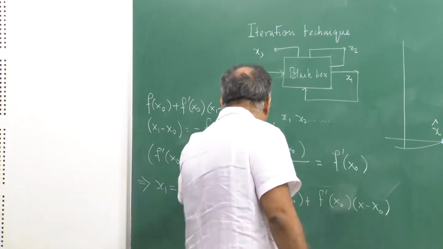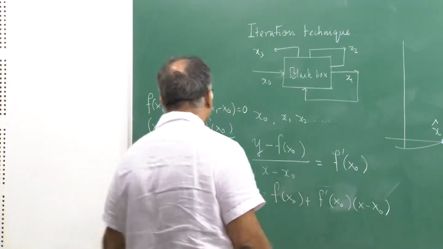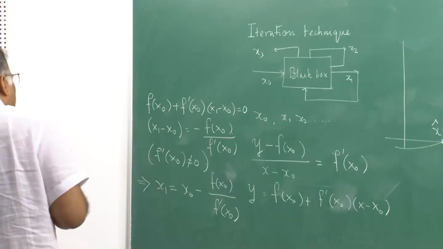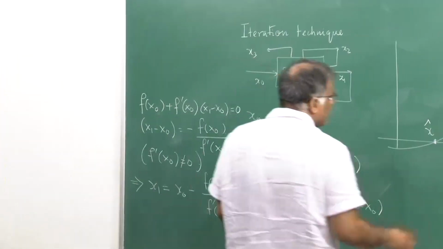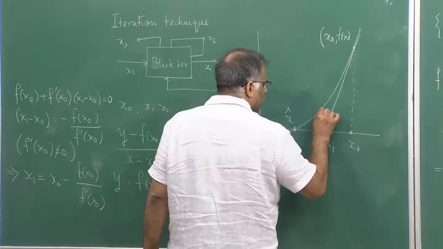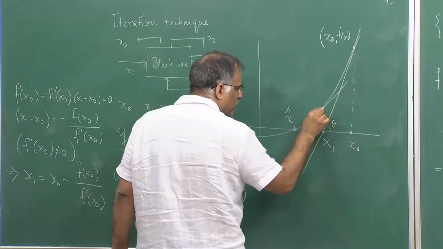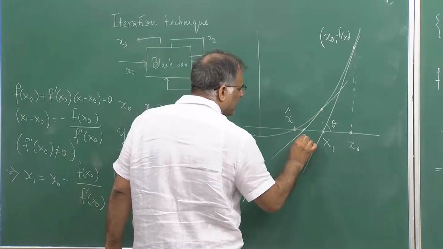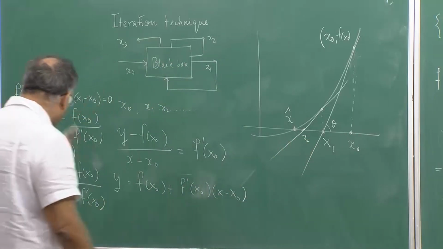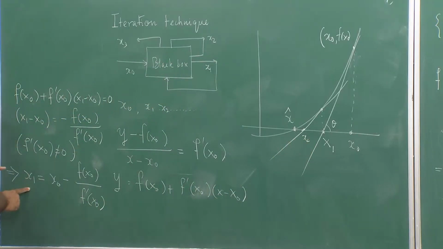So my general mechanism is like this. I have found x1, so I know what is f(x1), and then I draw a tangent through (x1, f(x1)), and I want to find x2. You know that you just have to replace x0 with x1 and x1 with x2.